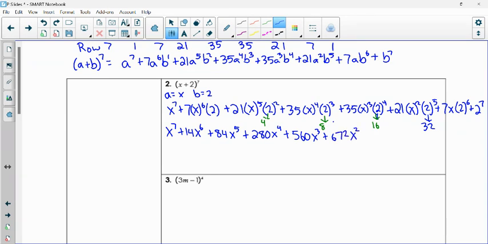X squared. 2 to the sixth is 64. 64 times 7, 448x. And then last but not least is 2 to the seventh, which is 128.